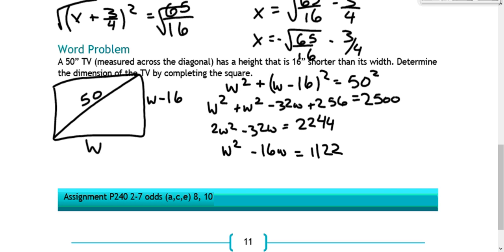We complete the square, so then w squared minus 16w plus 64 is equal to 1186. w minus 8 squared is equal to the value.